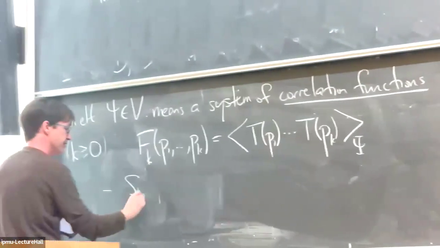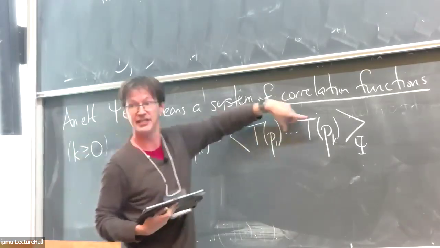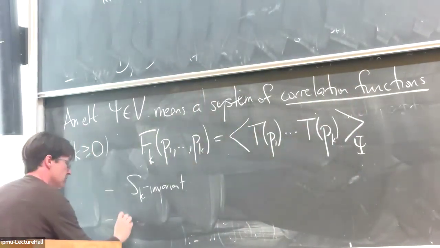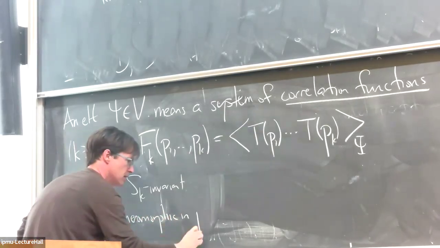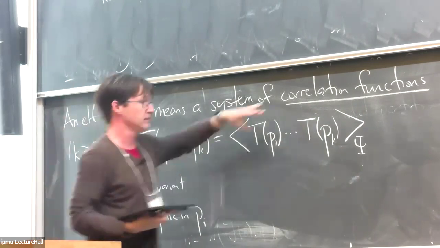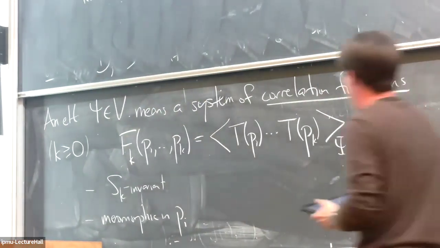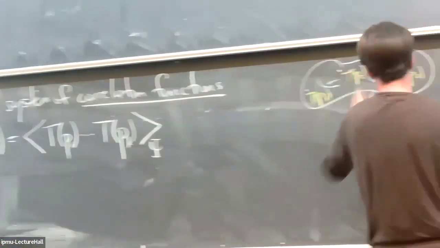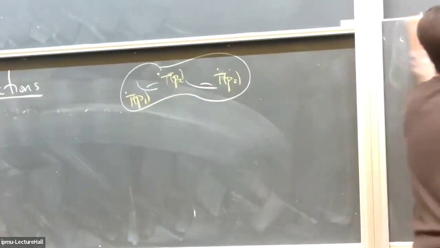First of all, it should be invariant under the symmetric group, so it doesn't matter in which order I write these things. It should be meromorphic in the p_i. So we're writing down some meromorphic functions of a bunch of points. In fact, it's holomorphic away from the places where two p_i collide, holomorphic away from the diagonals.